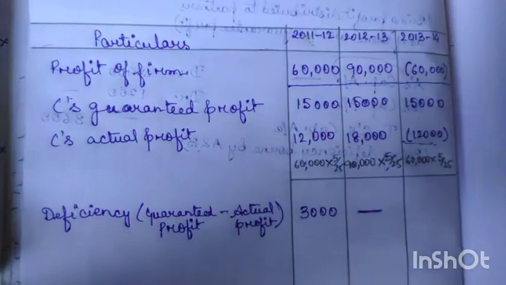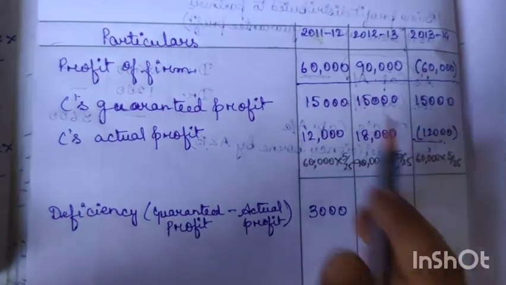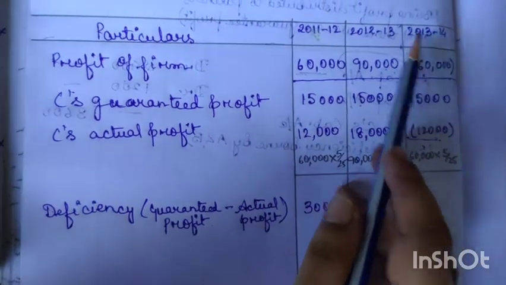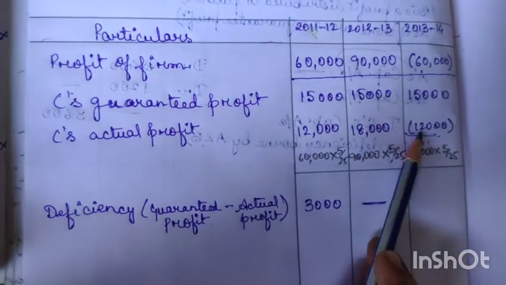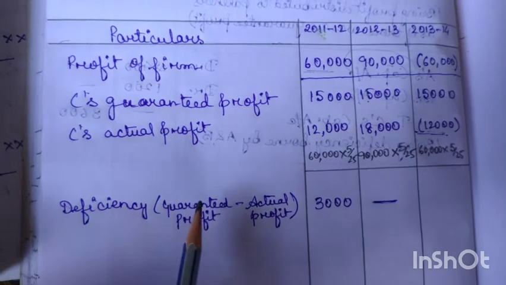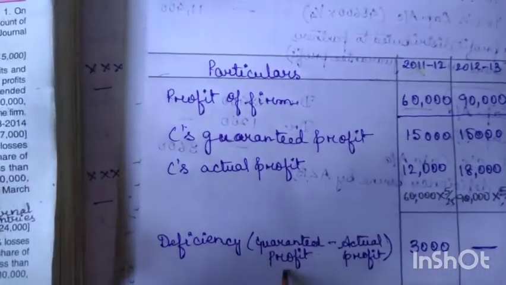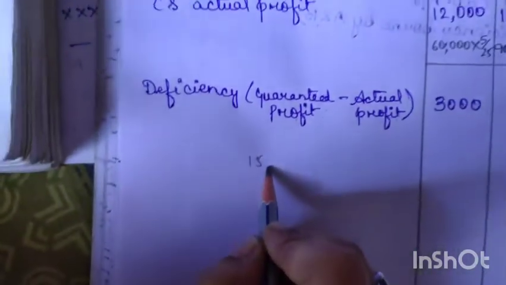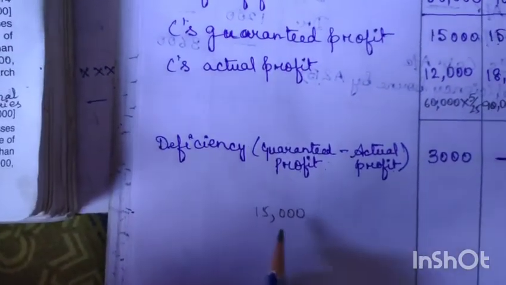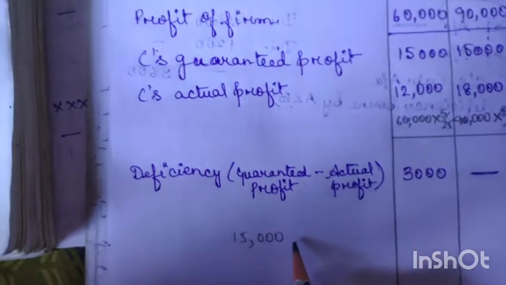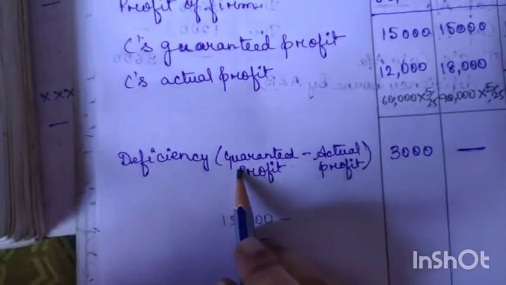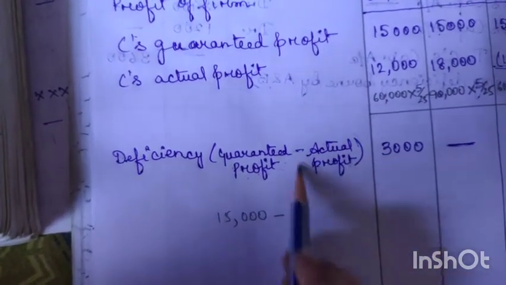Now in case of 13 to 14, let me explain this thing. In 13 to 14 there was a loss. According to the formula, guaranteed profit minus actual profit, right? This is for your understanding only. 15,000 minus, according to the formula, guaranteed profit minus actual profit.